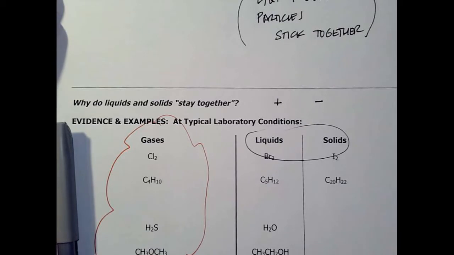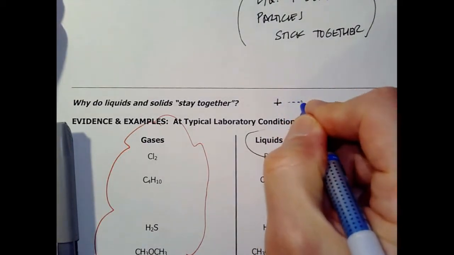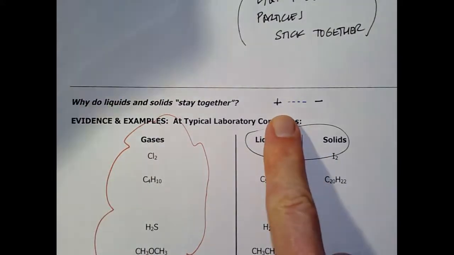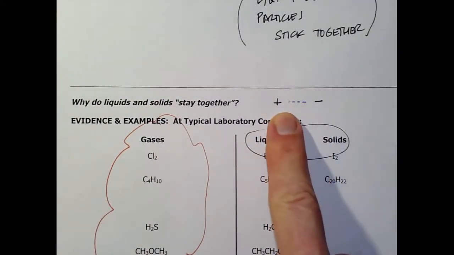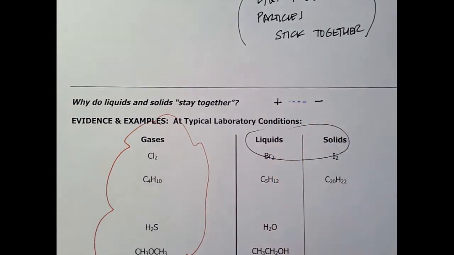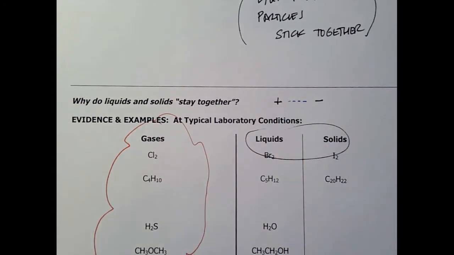There are somehow opposite signs, and I'll draw this little dashed line to show that's an attractive force between those things. Those are somehow sticking together. So what we're going to do is sort out all the ways that particles can get this plus minus business and stick together. And then we're going to talk about how those work, what we call them, and what's the relative strength of those things.